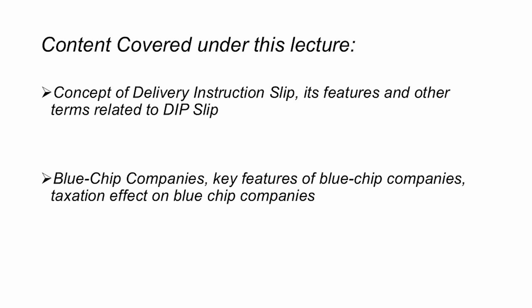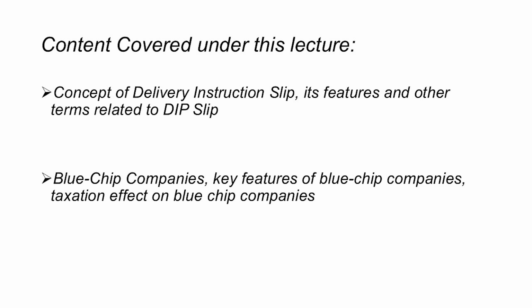In the previous lectures of this module, we had discussed the different types of accounts that an investor needs to open for the purpose of trading in the financial market. Now, in this lecture, we will discuss the concept of the delivery instruction slip that helps them place their order related to the transfer of shares, as well as its features and the various terms related to it.